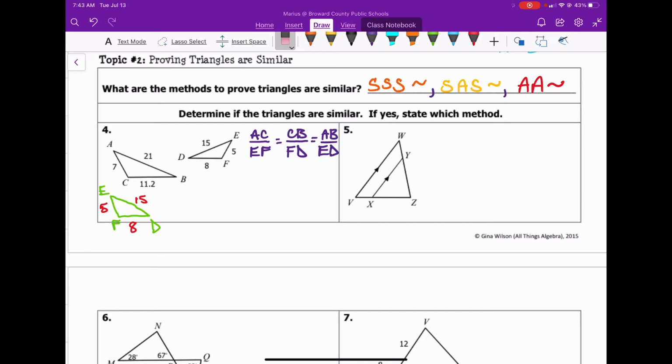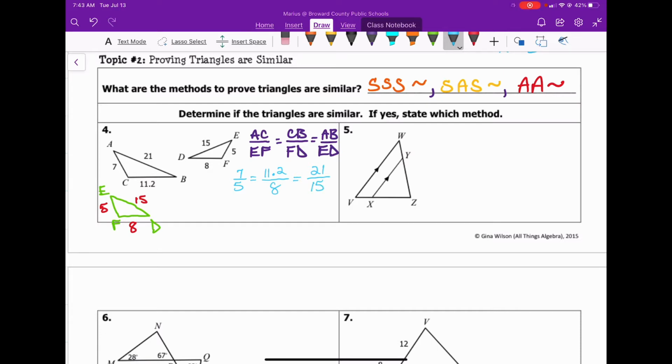Let's do that again. AC is 7. 7 over 5 is equal to 11.2 over 8, which should also be equal to 21 over 15.